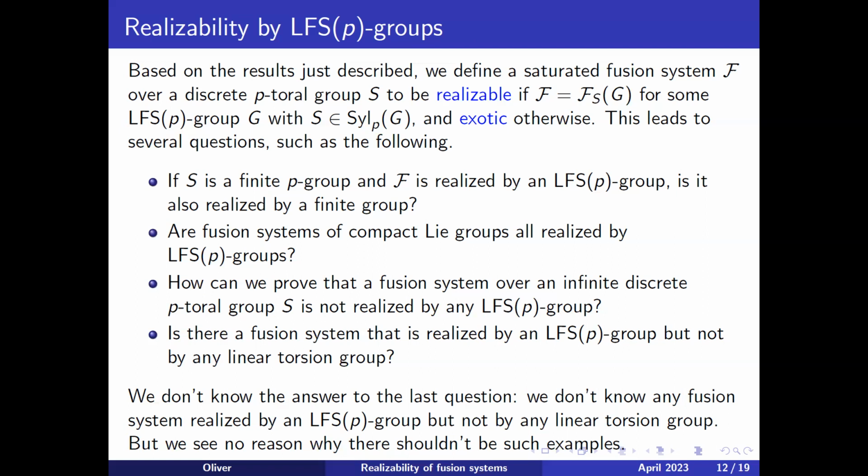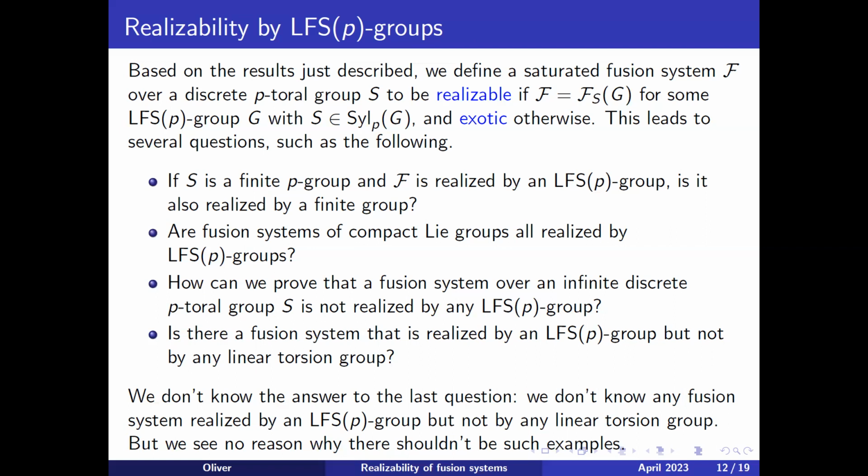In the finite case, if you assume the classification of finite simple groups, then we have lots of examples where we know that they're exotic, that they're not realizable by any finite group.